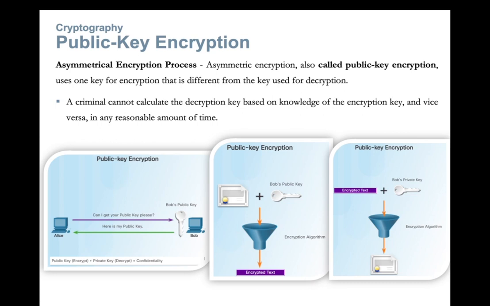So let us see what the asymmetric encryption algorithms are. In the asymmetric encryption process, the asymmetric algorithms use formulas that anyone can look up. The pair of unrelated keys is what makes these algorithms secure.